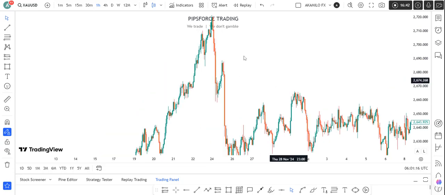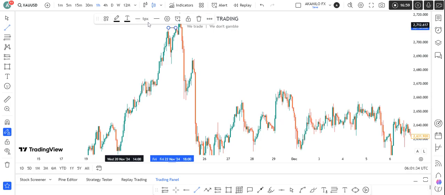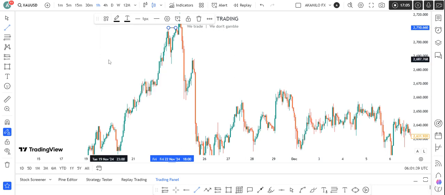So now we have the block here, that is the bullish breaker block, the last bearish candle before the downward movement. So price takes this high, giving us a liquidity sweep or a break of structure to an upside, right?